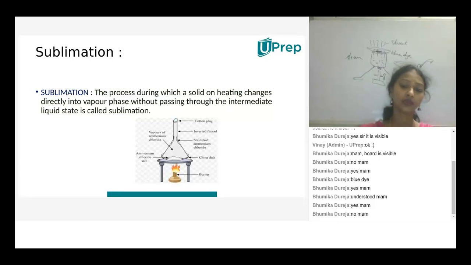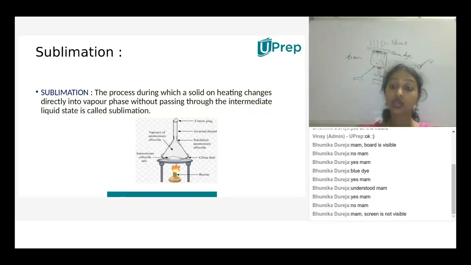Sublimation. What do you mean by sublimation? Sublimation is used to separate salts when one of the salts is a sublimable salt. When you heat the sample, the solid converts into the gaseous state without undergoing the intermediate liquid stage. Understood? A solid changing into the gaseous state without passing through the liquid state is called sublimation.